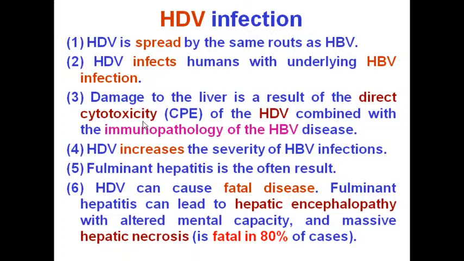And when we have co-infection of the liver with hepatitis B and D, we have two ways of liver damage: direct cytotoxicity by hepatitis D and immunopathological damage of the liver by the antibodies and CTL against hepatitis B. That's why it causes very severe disease.